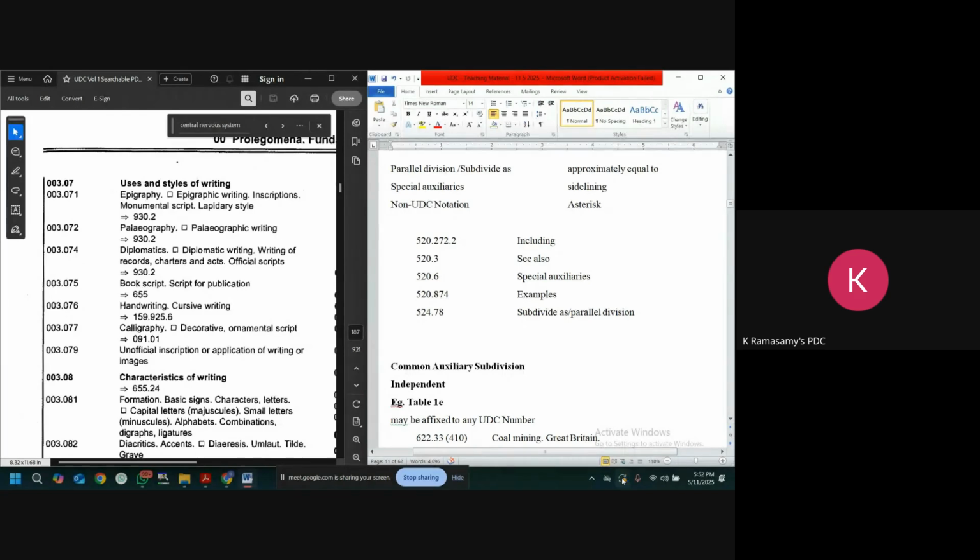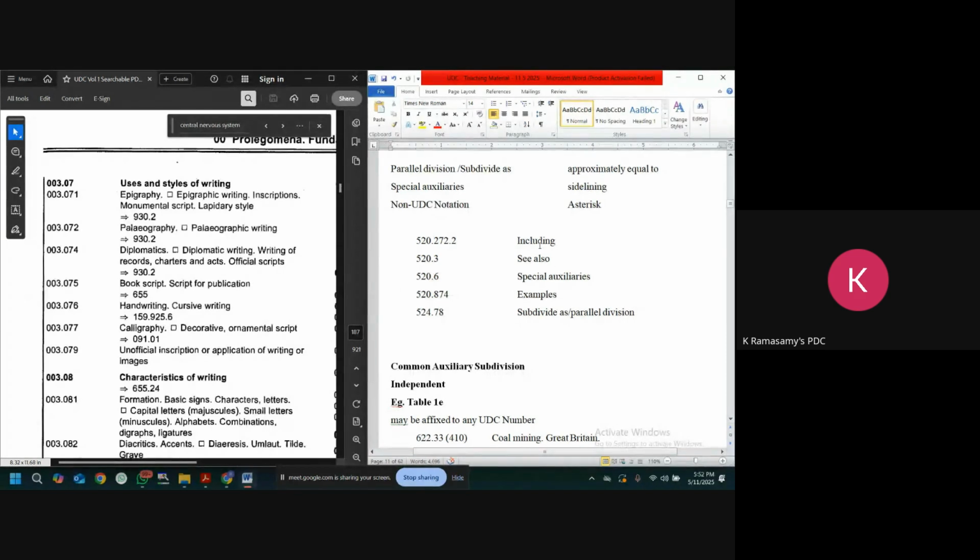You have to borrow some alphabets, some numbers from outside and include them in the UDC number. Those numbers which are not taken from the UDC schedules, but from outside the UDC, are called non-UDC notation. If you want to add non-UDC notation, you can do it with the help of one star symbol, the asterisk symbol. So these are a few examples.